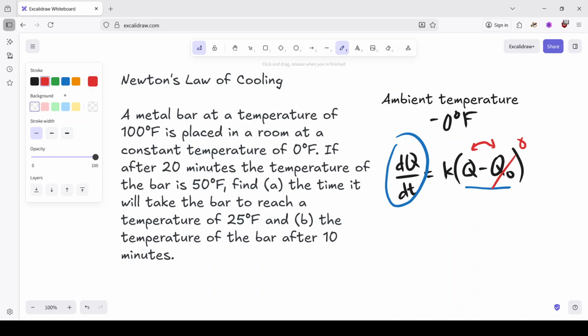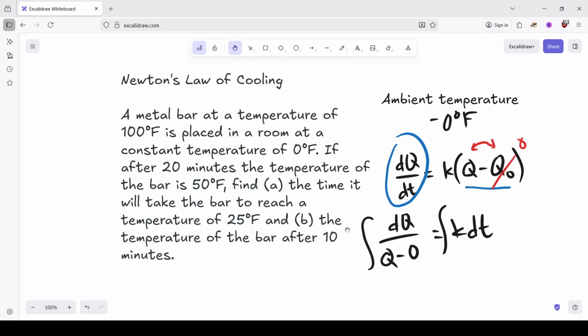I suggest we write the ambient temperature all throughout the solving, even though in this case the value is 0, so that we can practice the habit of including the ambient temperature in the solution. So dQ over Q minus 0 is equal to k dt. Again, variable separable, so we can already separate this one.